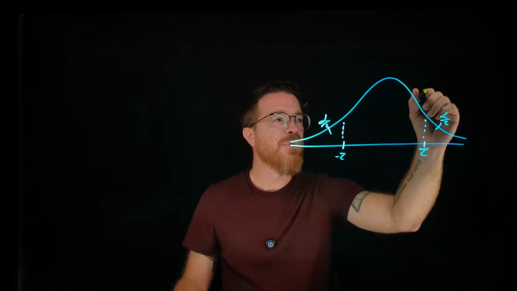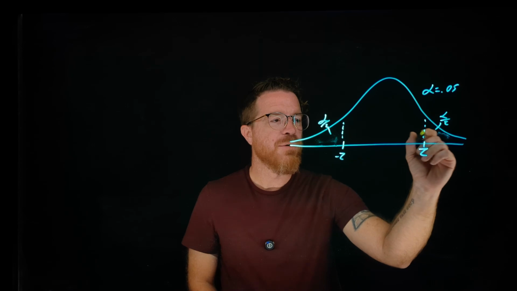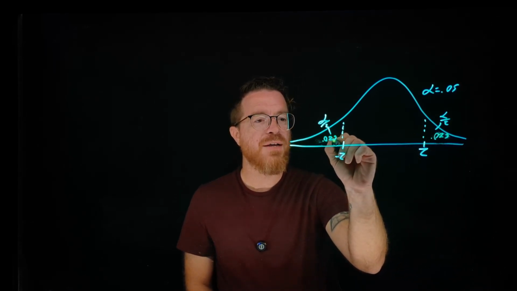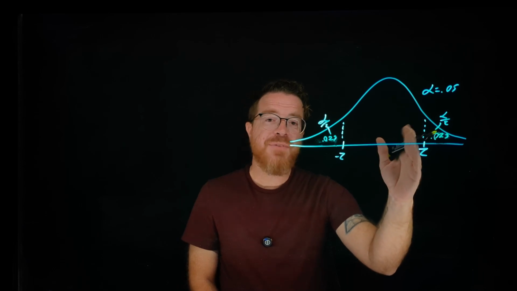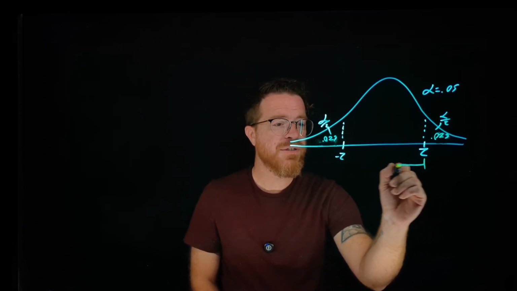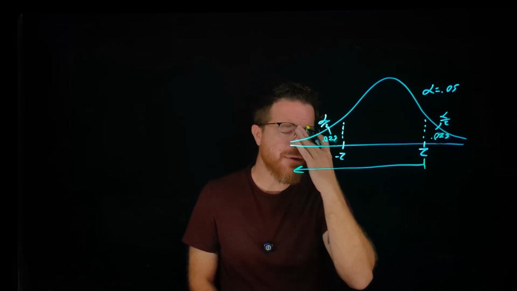So if we had an alpha of, let's say, 0.05, then we would have 0.025 to the right and 0.025 to the left. So the z-value that's going to make this true is the z-value that, in our case, we're looking at our table of probability to the left of a specific value.